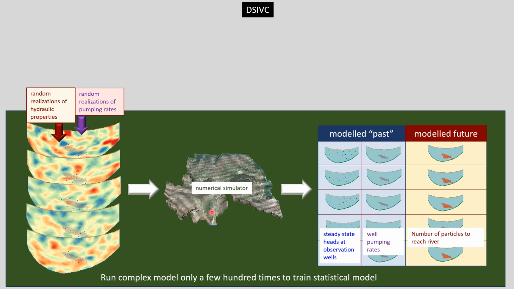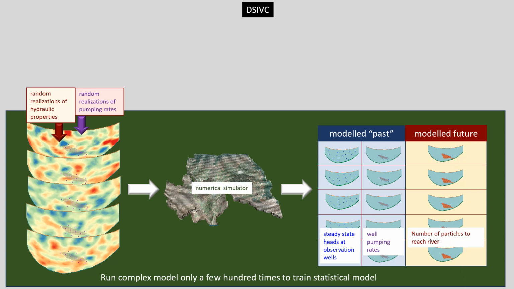We run them then through the complex simulator over the past and into the future. But in this case, the past is a little bit different from the normal past. The past is what we use to condition the statistical model. Now in this case, the predictions are pretty straightforward. How many contaminants reach the river?